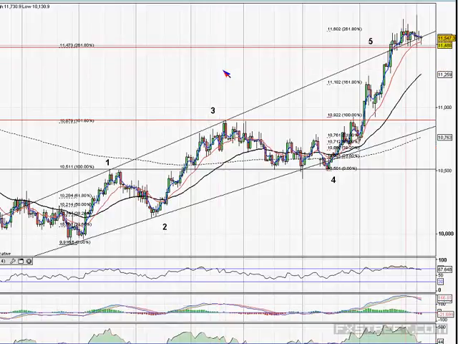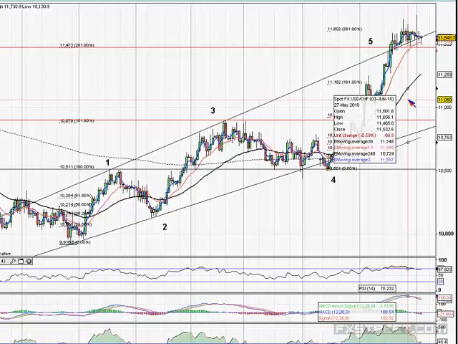And if that is the case, then dollar Swiss could come down at the same time as euro dollar. So we could have a bearish view on both these pairs, but that would have to be confirmed with a bearish view on stocks.